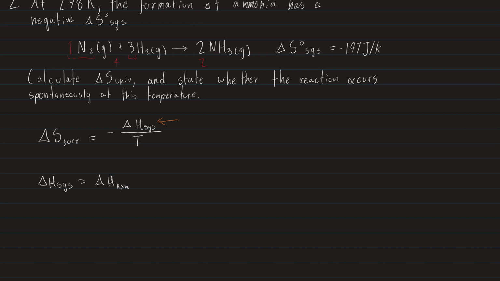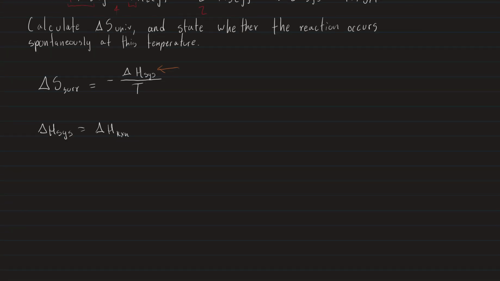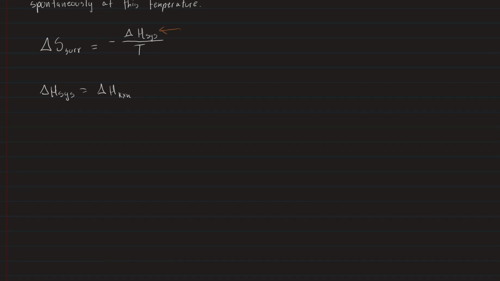Because of that, we're going to be able to solve it similarly to the way that we solved a problem trying to find our change in the entropy of the reaction. So it will appear like the following.